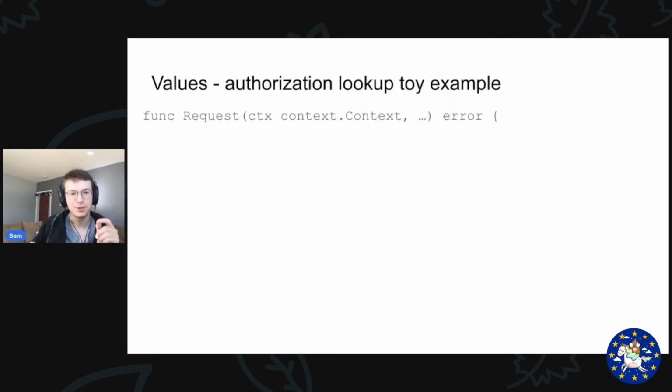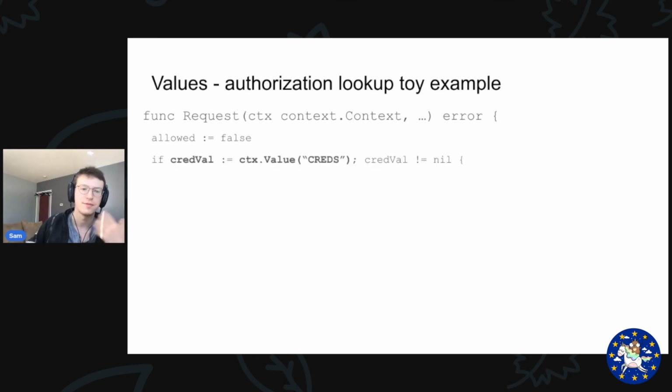I want to go through a really interesting toy authorization lookup example. This is not so different from a real auth lookup that might exist somewhere in some Go auth function. Let's say we're authorizing a request and we want to default allowed to false. Then we're going to validate the credentials and see if we allow it, set to true. First we'll extract out the value creds.